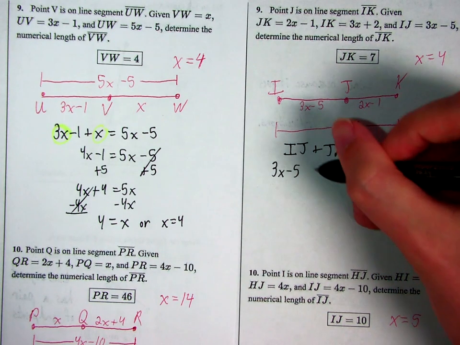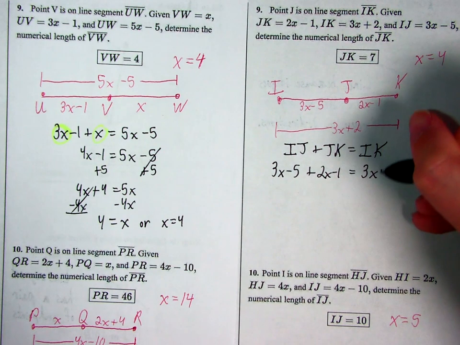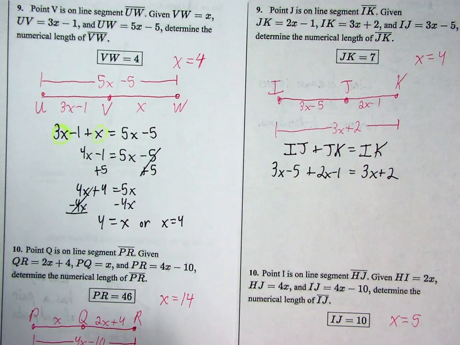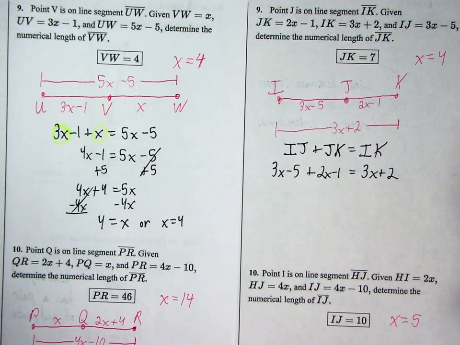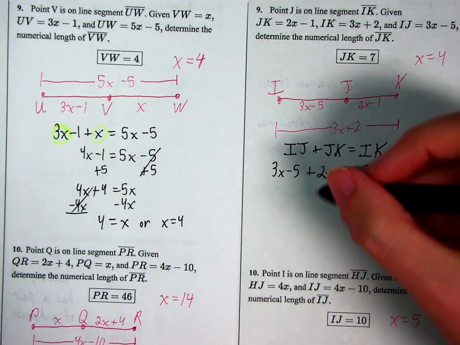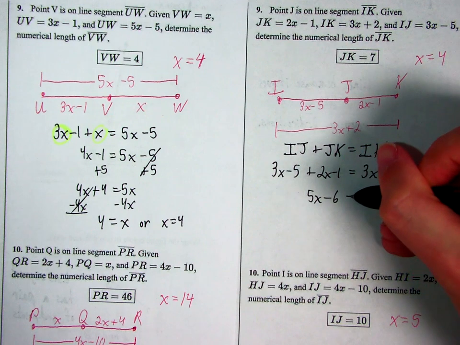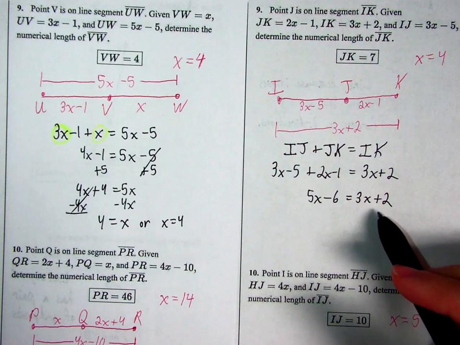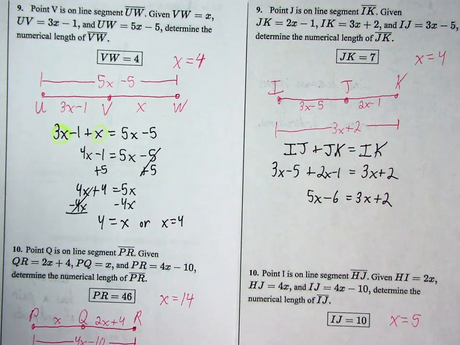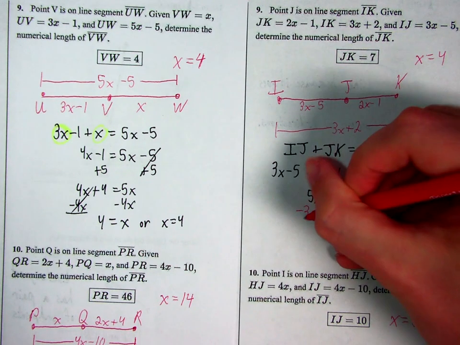3x minus 5 plus 2x minus 1 should equal 3x plus 2. Combine some like terms. On the left-hand side, we get 5x minus 6 equals 3x plus 2. We'll solve for x by subtracting 3x from both sides.